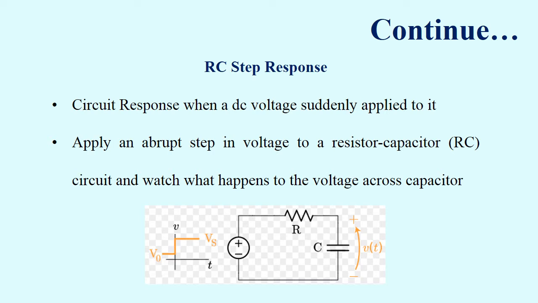A step input is a common way to give a circuit a little kick to see what it does. It tells us quite a lot about the properties of the circuit. Like in this diagram, we can see that we will apply a step input which will vary from 0 to 1 abruptly and check the response of the RC circuit.